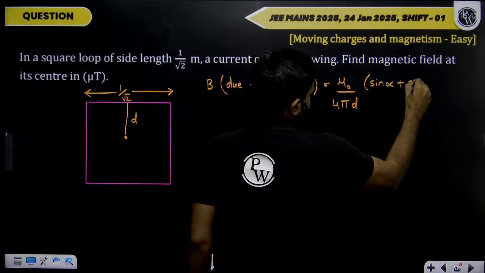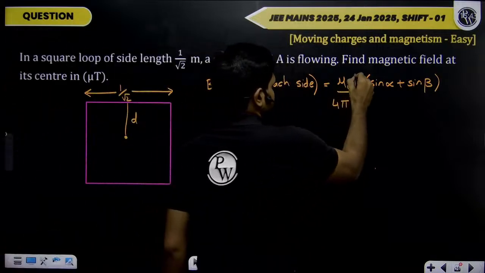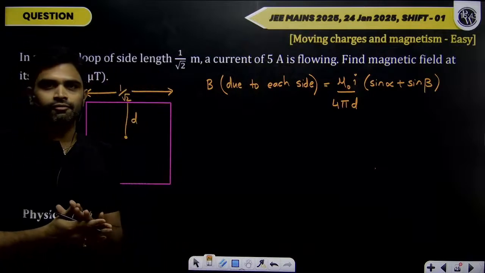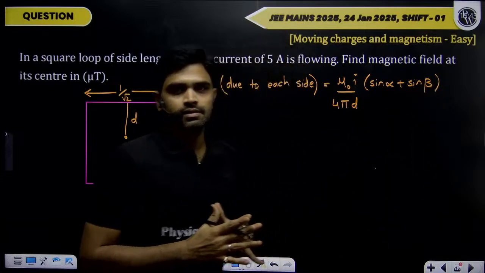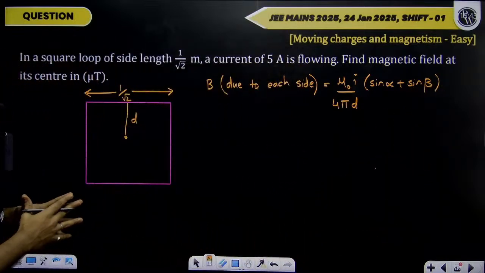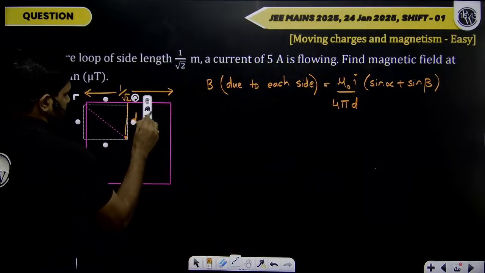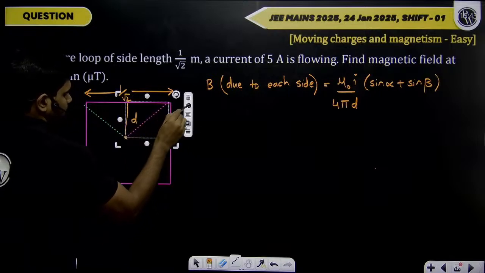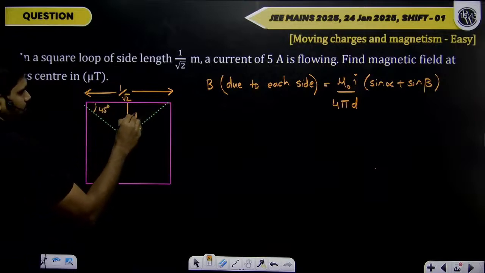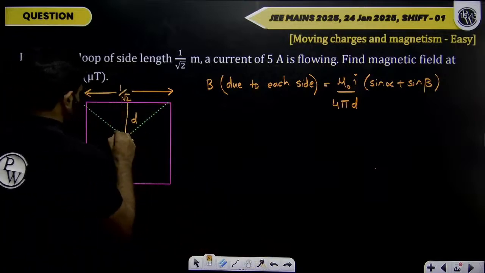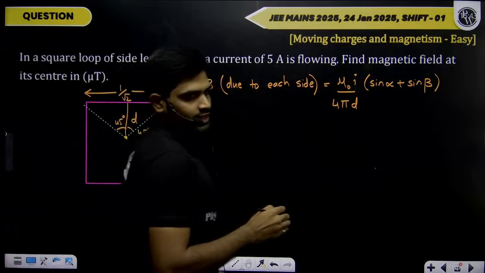The formula for magnetic field due to a finite wire is mu naught I by 4 pi d into sin alpha plus sin beta, right? Now, what are these angles? Both the angles are 45 degrees.